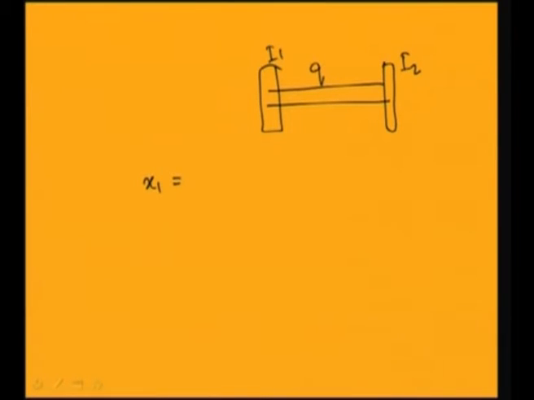I can assume a solution x1 equal to a1 e to the power i omega t and x2 equal to a2 e to the power i omega t. So I am taking the normal modes.